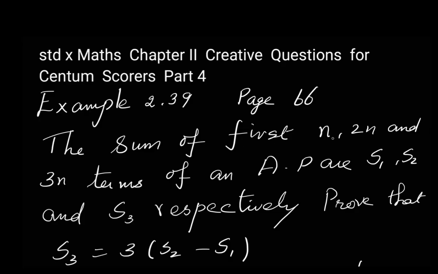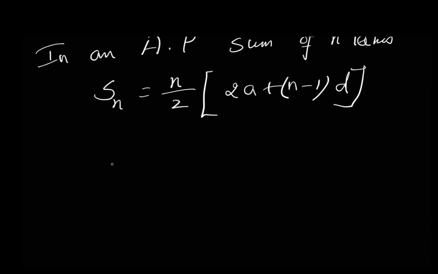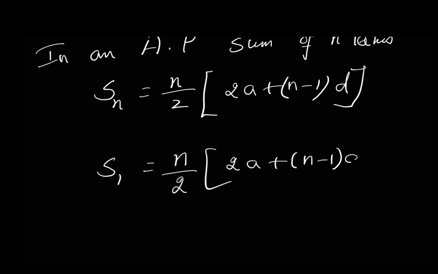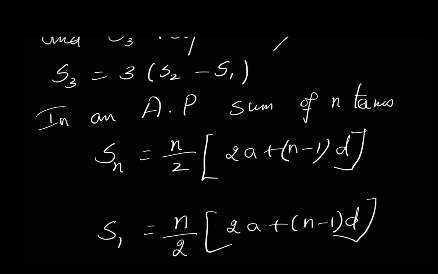The sum of first n, 2n and 3n terms of an AP are S1, S2 and S3. S1 is the sum of n terms, so S1 is n by 2 into (2a plus (n minus 1) into d).